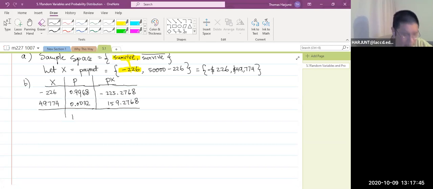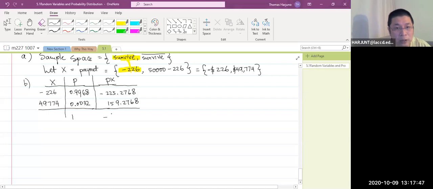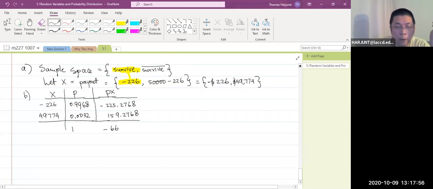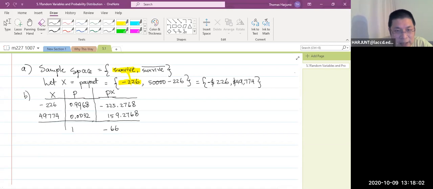When I add this, I get negative $66. So on average, for each 50-year-old female insured with this program, that female or her estate will lose $66. But that $66 is to provide $50,000 to her estate in case of her death.